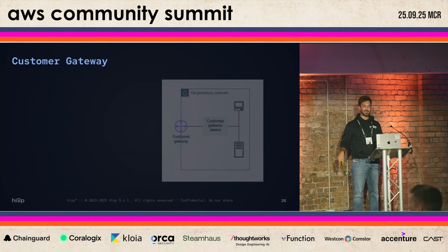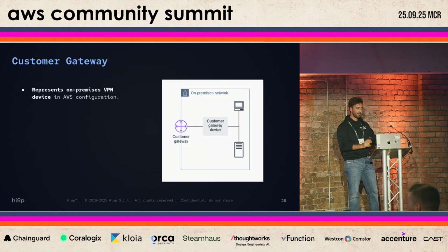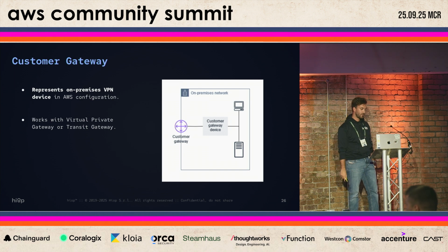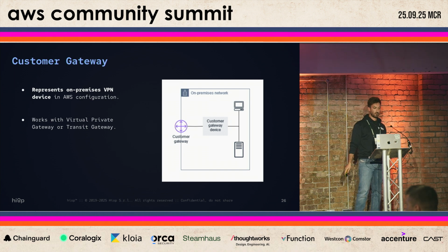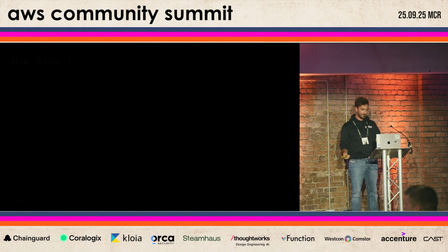And then we use the customer gateway. The customer gateway, as I said, represents the on-premise VPN device in an AWS configuration. It works with the transit gateway or with another component that we will not talk about today, the virtual private gateway, and supports redundancy, so it supports multiple tunnels and automatically changes the communication based on the availability of the specific tunnel.